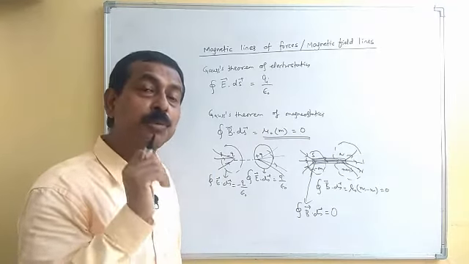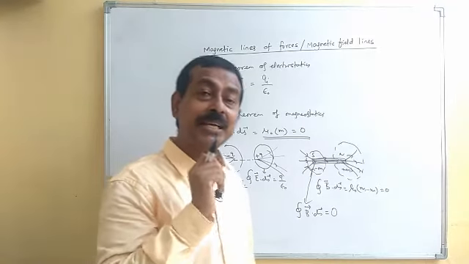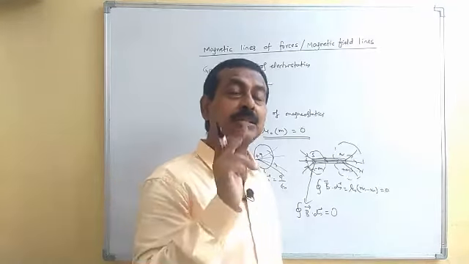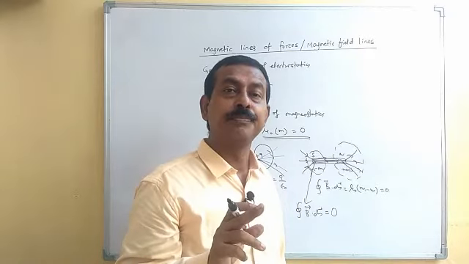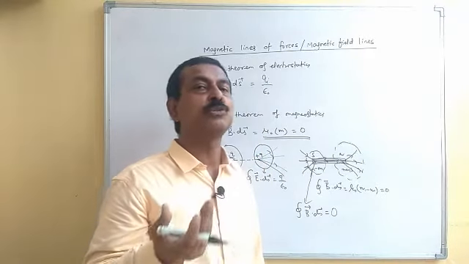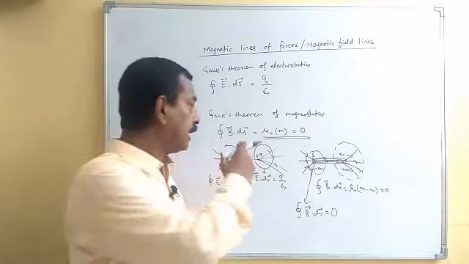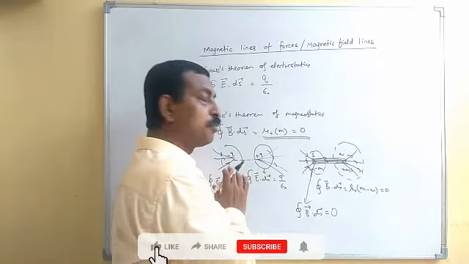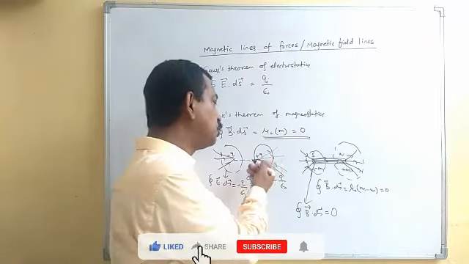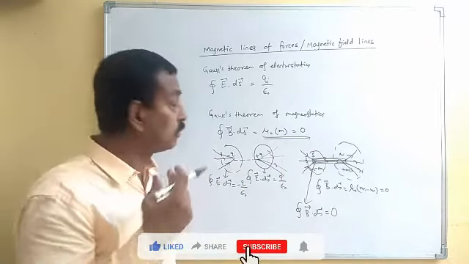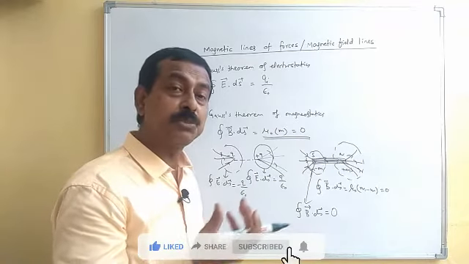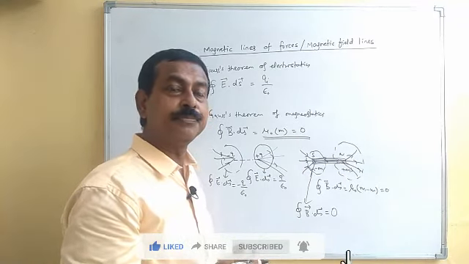And this is possible only because magnetic lines of forces form a closed loop. And they form closed loop just because you cannot get isolated North Pole or South Pole. In a dipole, it is possible because you can have isolated positive charge, isolated negative charge.